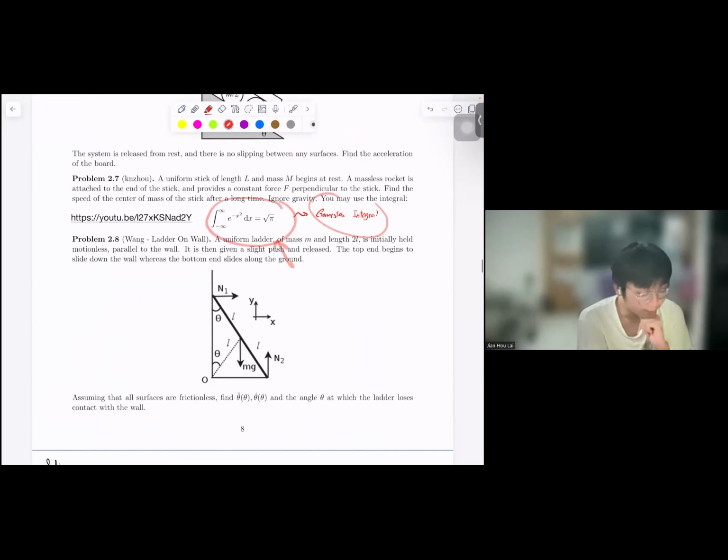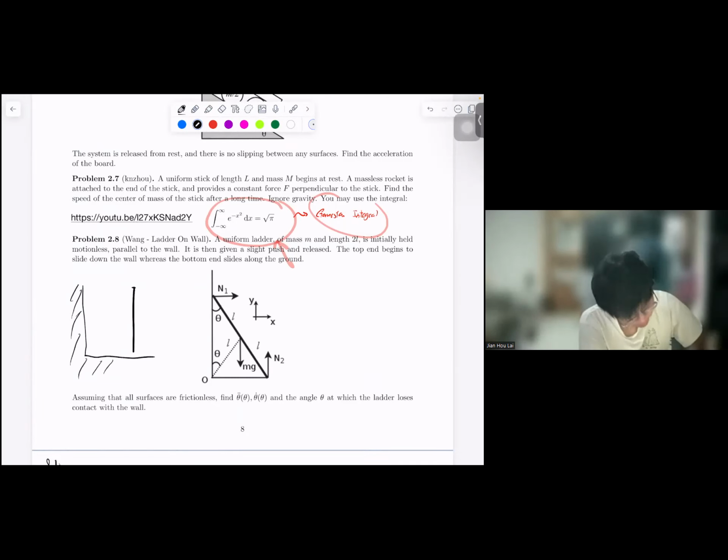Okay, so let's say you have the problem where initially you have an object, a uniform letter, parallel to the wall.